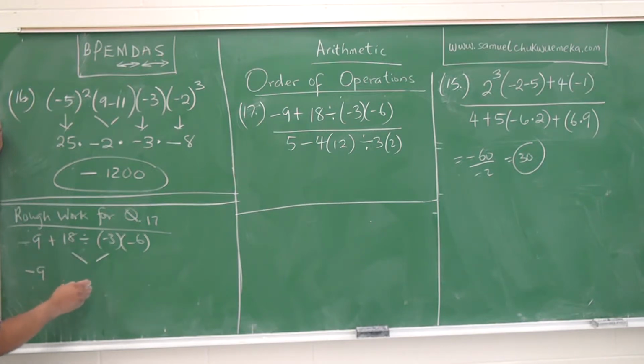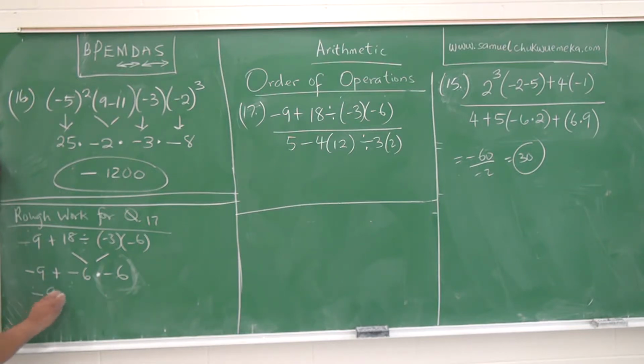So this is negative 9, plus 18 divided by negative 3, which is negative 6. Then times negative 6. Whether you put times or parentheses, it doesn't matter, but I'm going to put times. When you have two signs, you make it one sign.